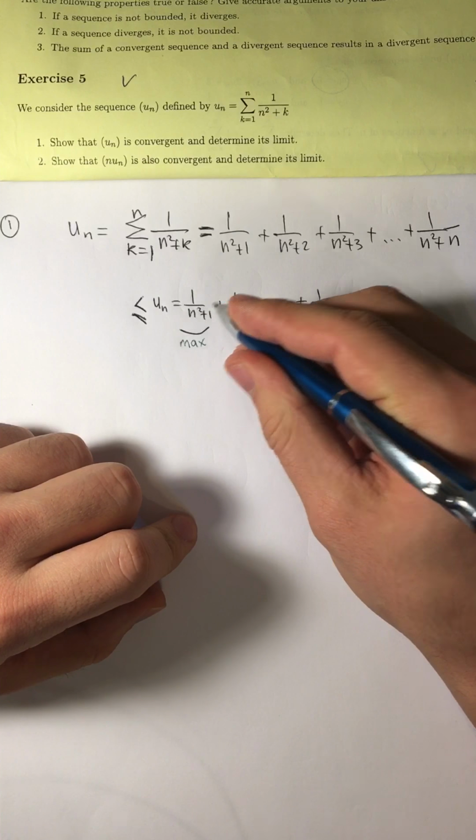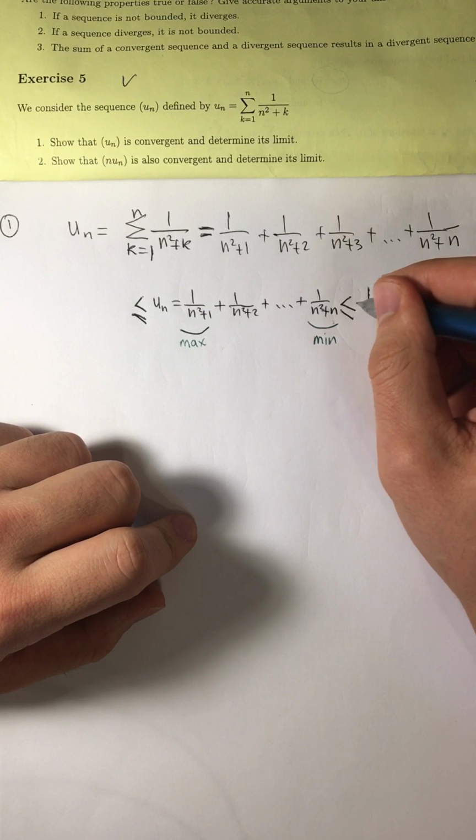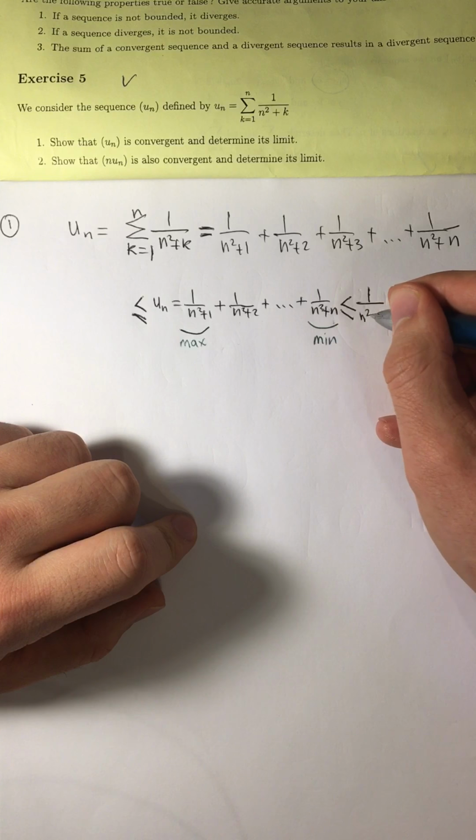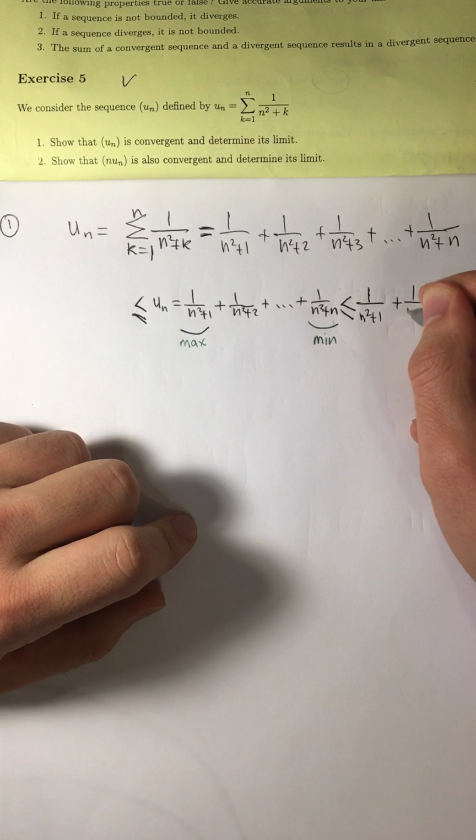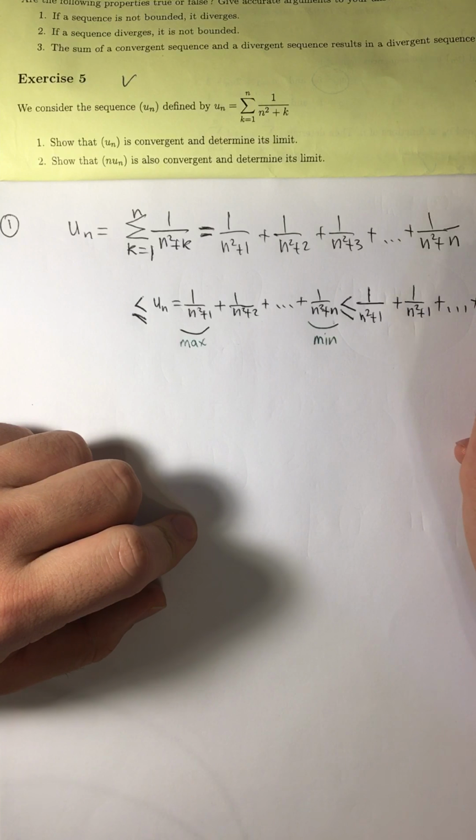So instead of all n fractions, I'm gonna write the maximum one n times: 1 over n squared plus 1, plus 1 over n squared plus 1, and so on, plus 1 over n squared plus 1.